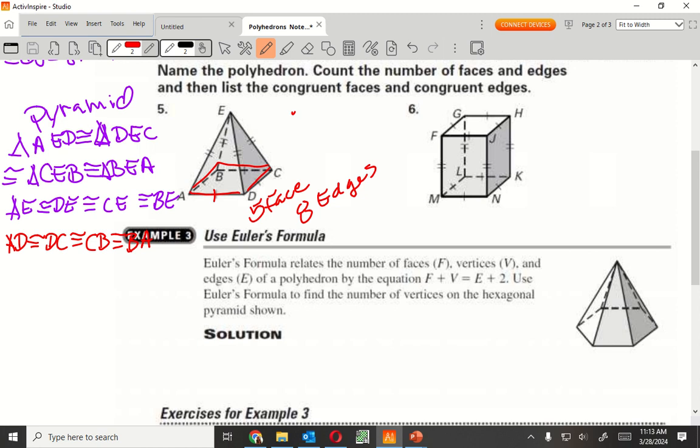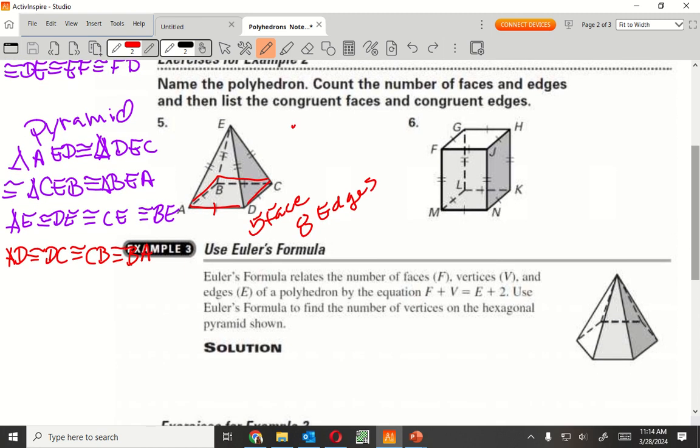This next one would be a rectangular polyhedron. The congruent sides.